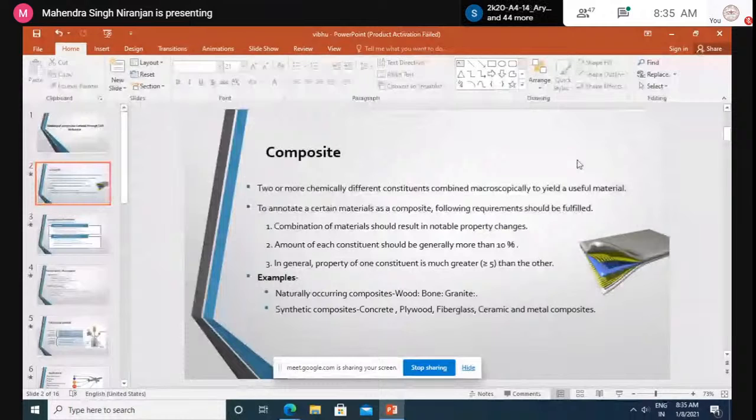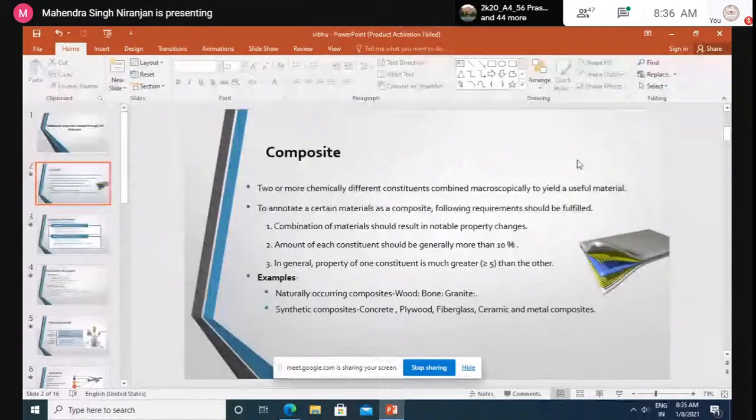Mixing uniformly, these two words are very important. Mixing uniformly under liquid state in stir cast. So the combination of materials should result in notable property changes. So one of the materials, the property will be changed.